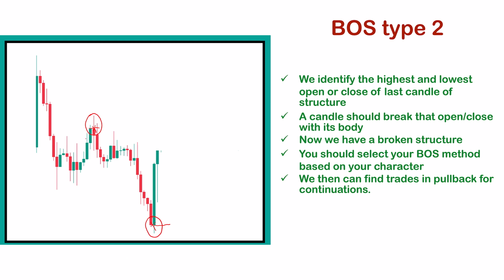So when a candlestick breaks those structures with its body, for example here, in this kind of structural break, we should wait until the candle finishes its formation. When it breaks the primary structure with its body, we are going to have a break of structure.